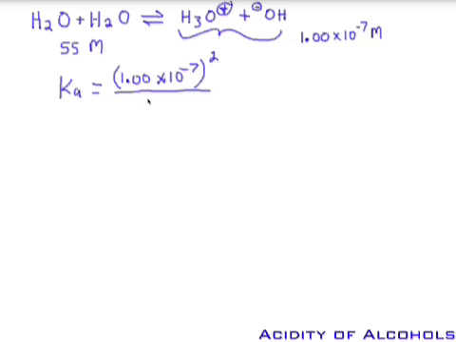Now remember what Ka is. You may have to look back. The equilibrium constant would have been 1 times 10 to the minus 7 squared over 55 squared. But water, where it's a solvent, is a constant, and that's multiplied out. So Ka has one of the waters built into it. And so on the bottom, you just have 55. When you are done, you get Ka equals 1.82 times 10 to the minus 16.